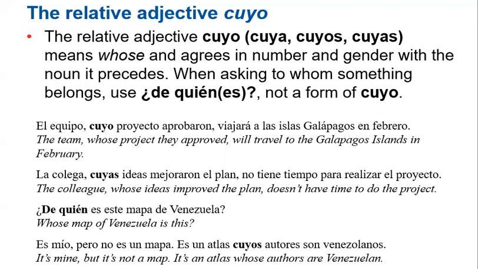So cuyo is, as I said, an adjective, so it's going to have four different forms. You're going to have cuyo, cuya, cuyos, and cuyas, just like we do with alto, alta, altos, and altas. We have four forms, masculine, feminine, and number, so we have to make sure we have agreement. So with this, again, it works pretty much just like how you use the word W-H-O-S-E in English, whose.